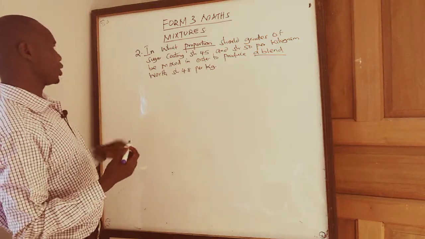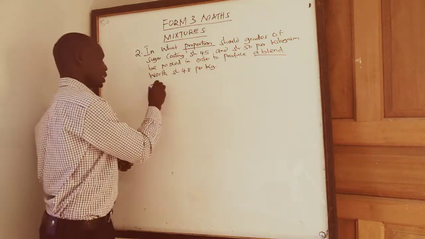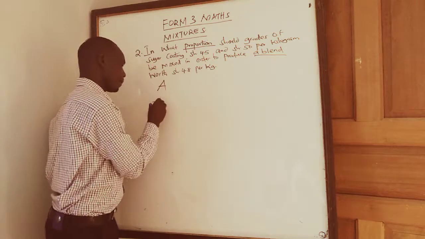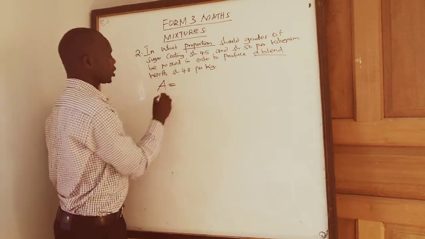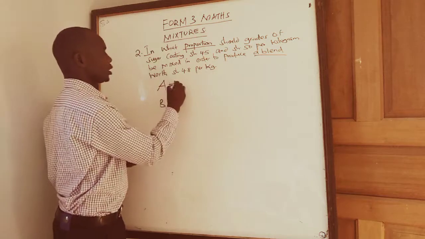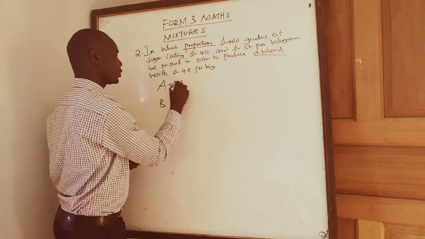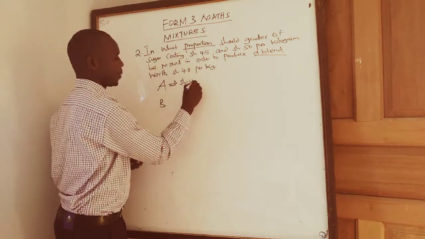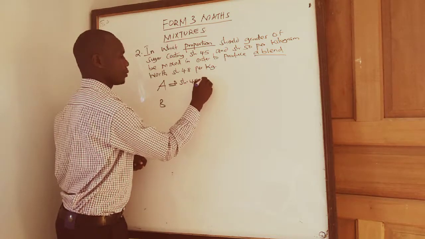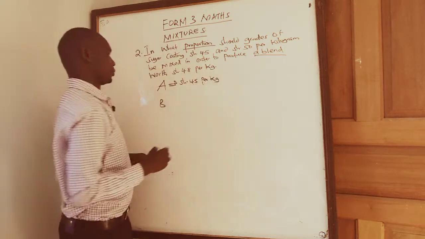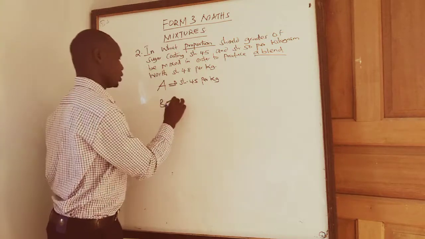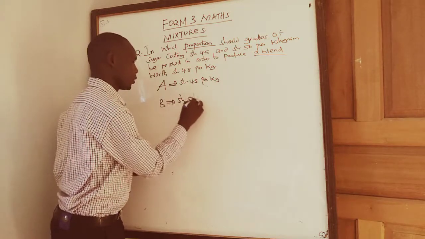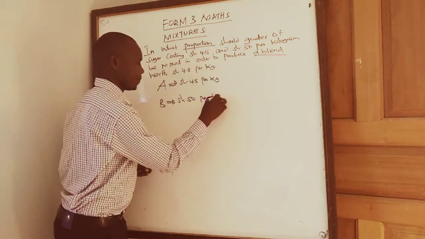This is very simple. Since we have 2 grades, let us assume that we have grade A and grade B. Grade A costs 45 shillings per kilogram. Grade B costs 50 shillings per kg.